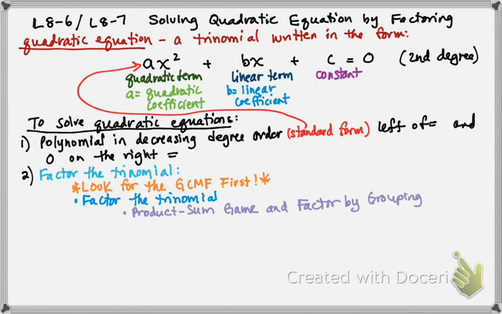I used to call this the combo method. And then the other one, and some people, when you don't have a quadratic coefficient, find this second strategy easier. If you only have a constant but not a quadratic coefficient, I think it's easy to list the factors of A and C, the quadratic coefficient and the constant, and look for matches.